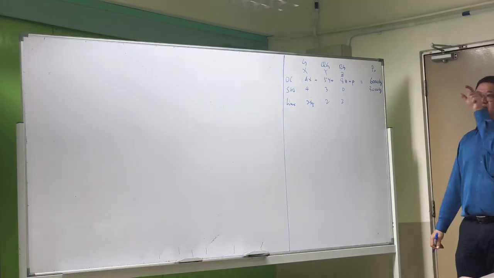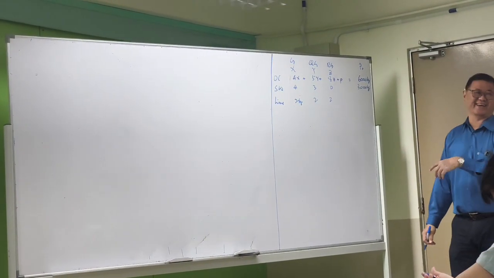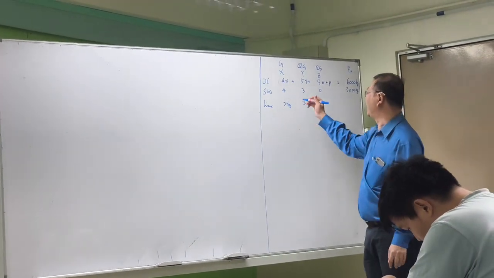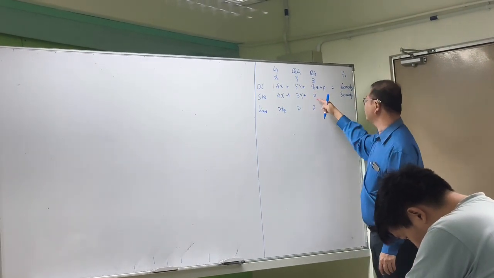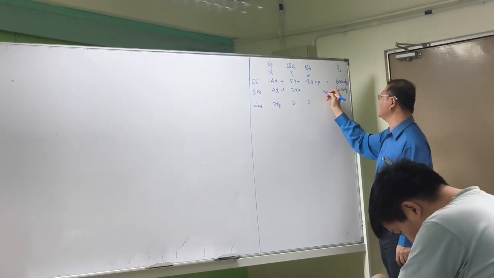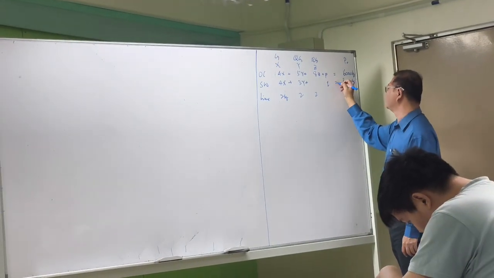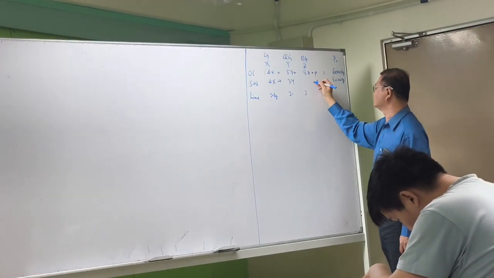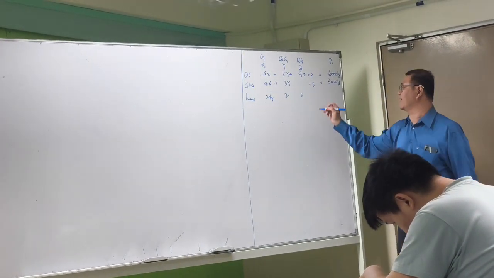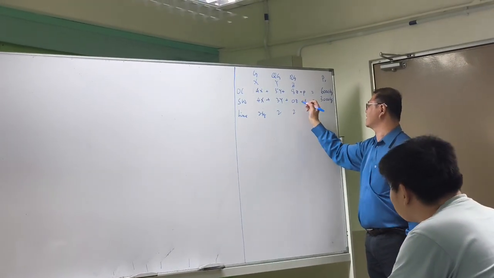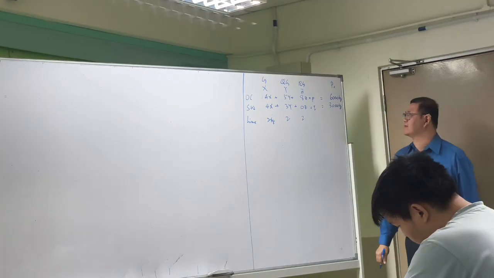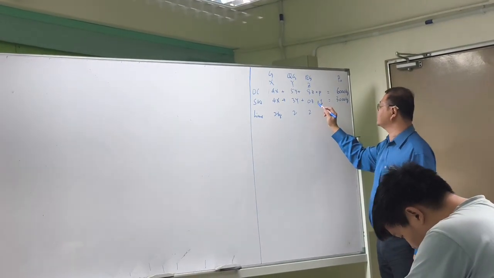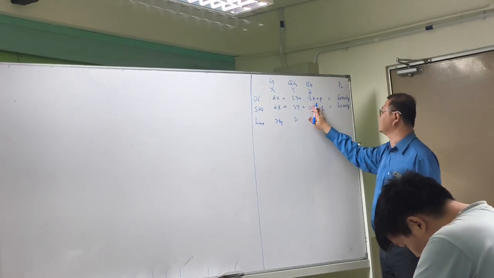You can see it wrong. 4x plus 3y plus 0z, plus Q, equal to 3,000. 0z, okay?